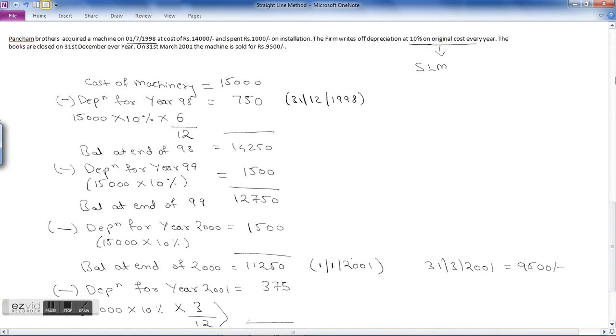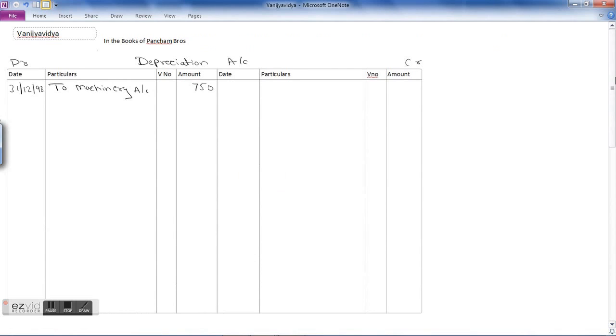Now the next transaction is the depreciation transaction for 99, but before that we'll close the books for 98. So this is 750, credit side total. Practically what happens is, for all the nominal accounts, and the depreciation account is a nominal account, whatever is the balance at the end of the year is transferred to profit and loss account, and it's not carried forward.